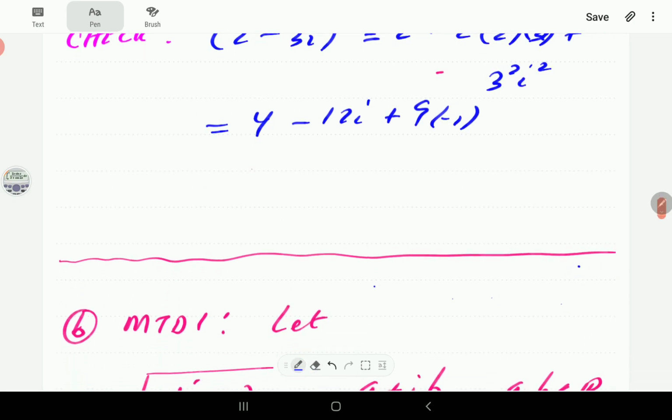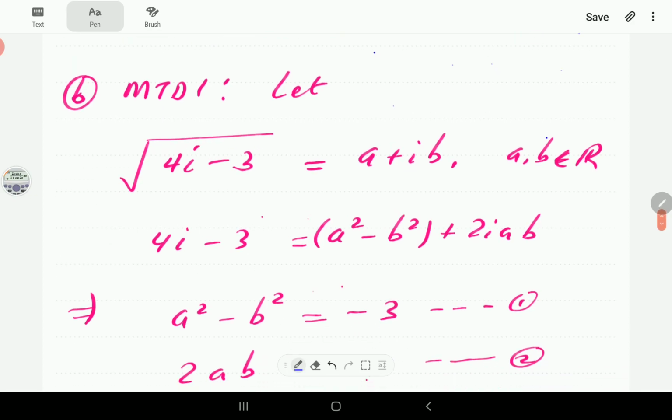So that's going to be 4 minus 9, which is minus 5 minus 12i, which is the expected value.